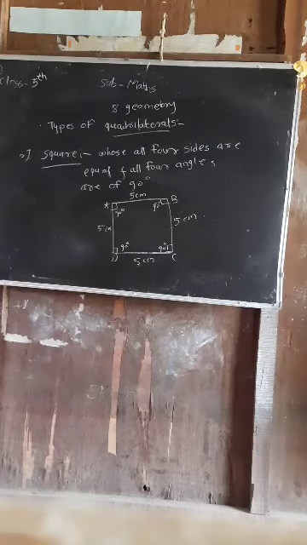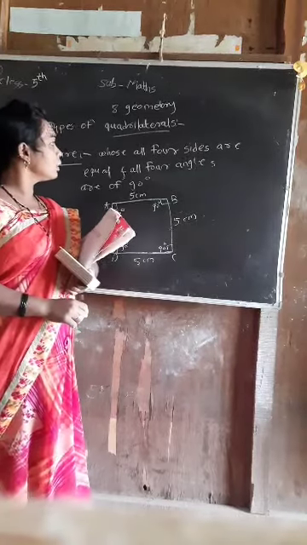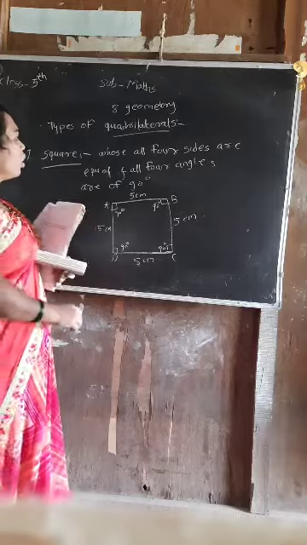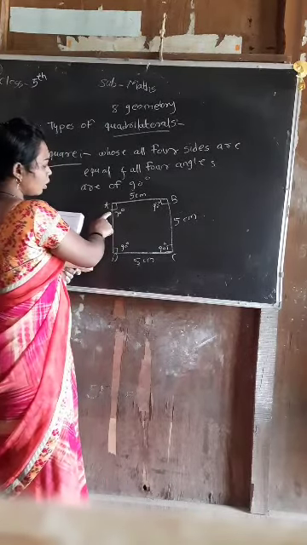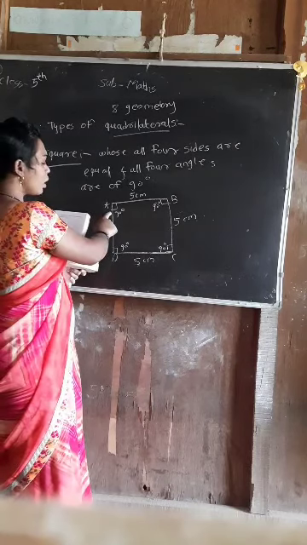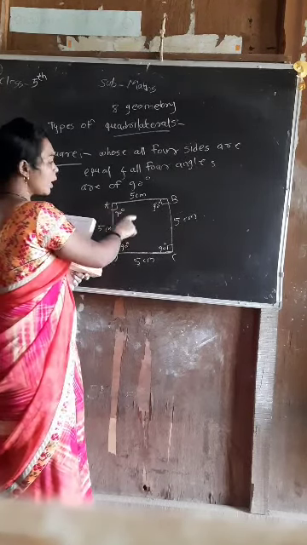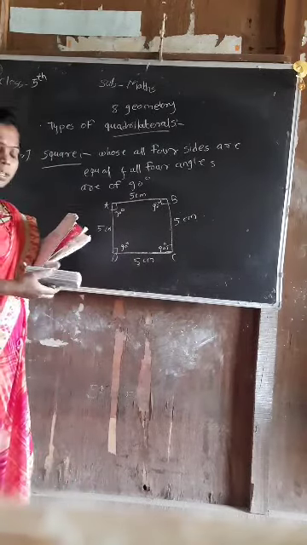A square is a type of quadrilateral whose all four sides are equal and all four angles are of 90 degrees. That is, in the given square, four angles are of 90 degree and four sides are of equal length, that is 5 centimeter.